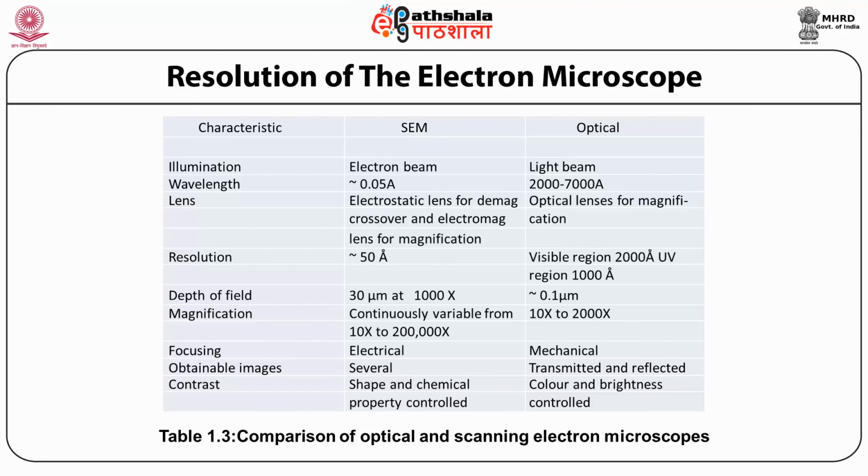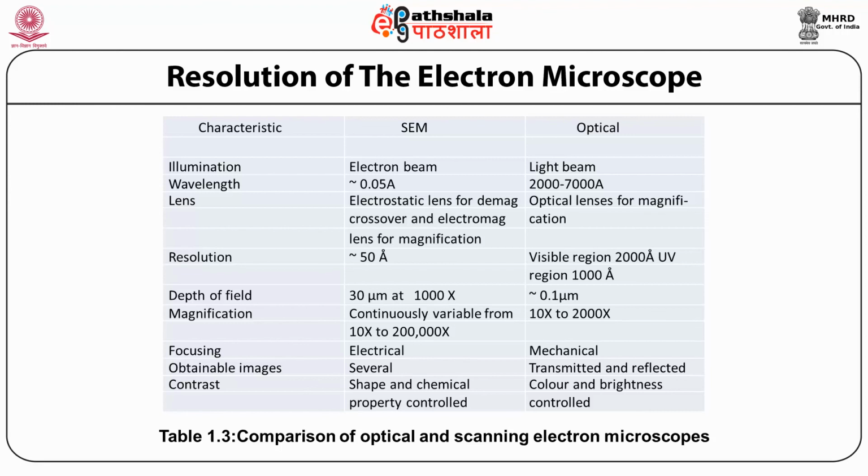The resolution of SEM is around 50 angstroms, while the optical microscope has 2000 angstroms in the visible region or 1000 angstroms in the UV region. The depth of field for SEM is 30 microns at 1000x, while it is 0.1 micron for the optical microscopes.